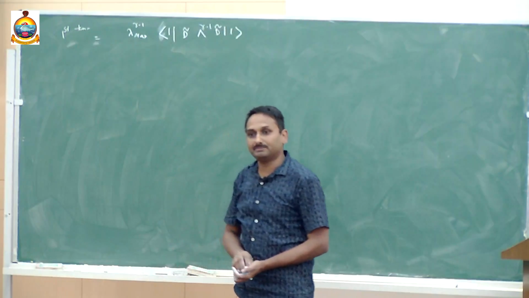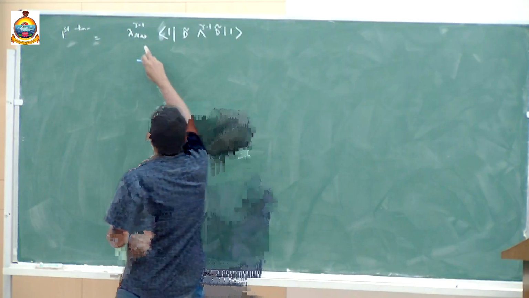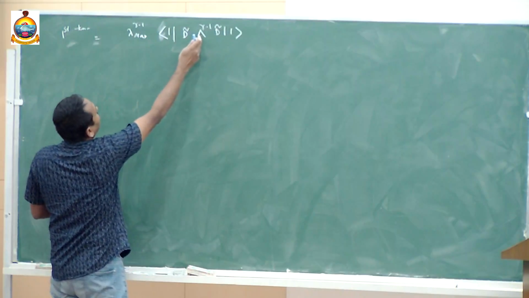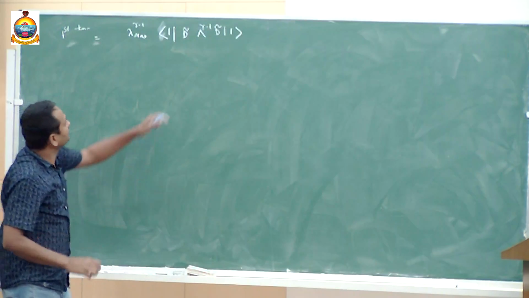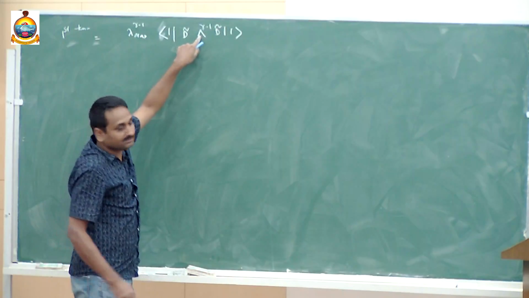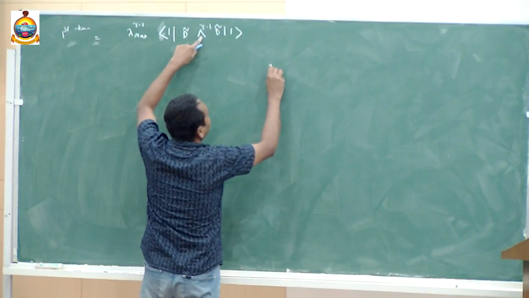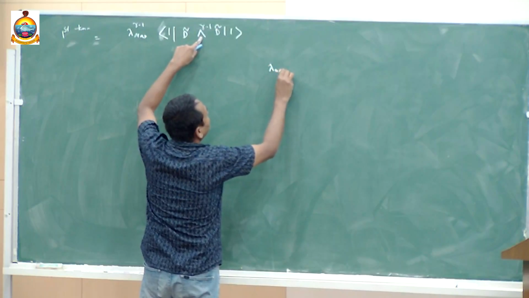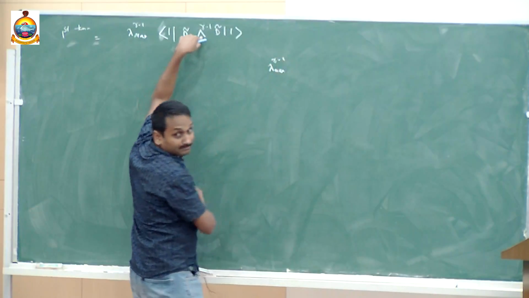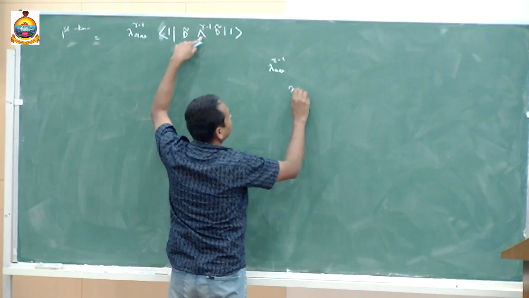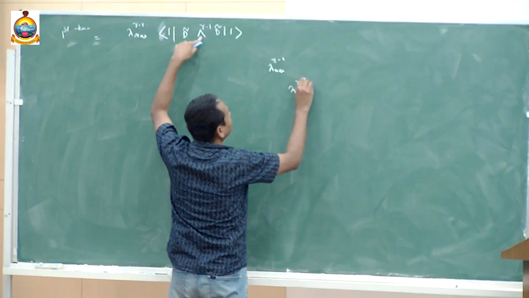So let us look at what will happen to this term. What is this term? You know this. Let us write down this matrix. This matrix is just lambda max to the power R minus 1, first term. Second term is lambda next max, or lambda 2 to the power R minus 1.